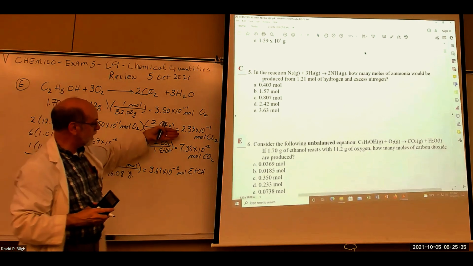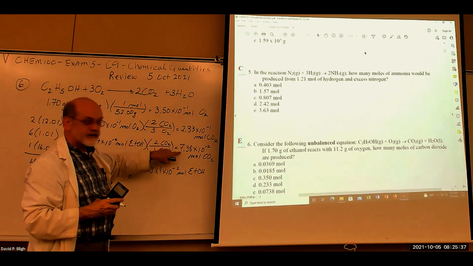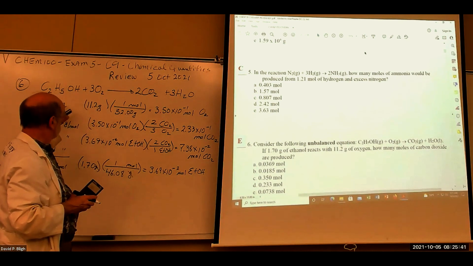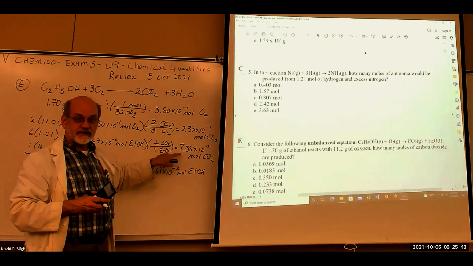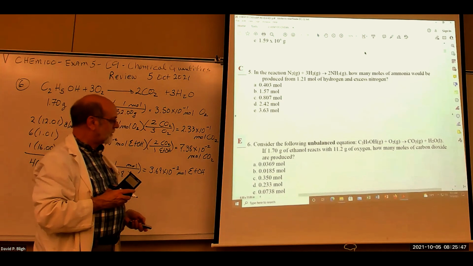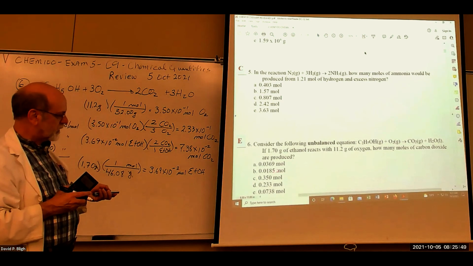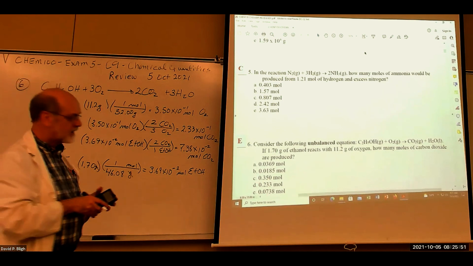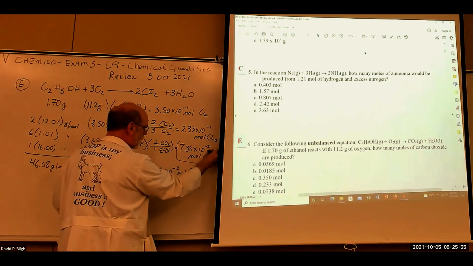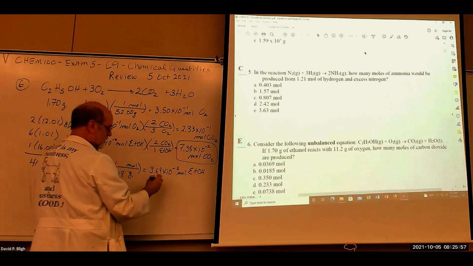Okay, now we can compare these two. This one is the smaller amount, correct? So that's the limiting one. This is the amount of carbon dioxide that will be produced. So how about our answers? Well, they're in standard notation. So we know this is the one we want. Converted to standard notation.